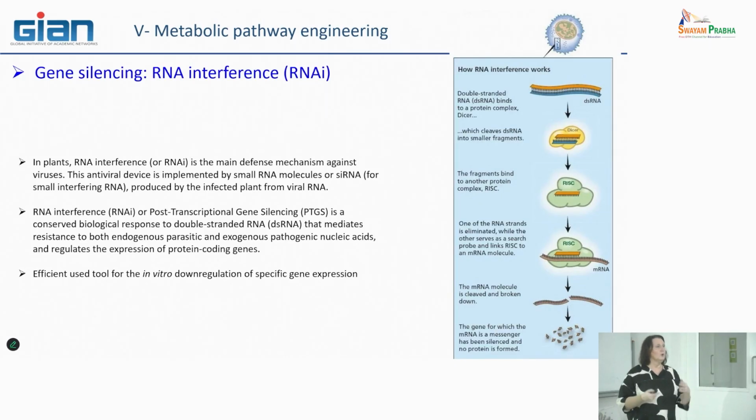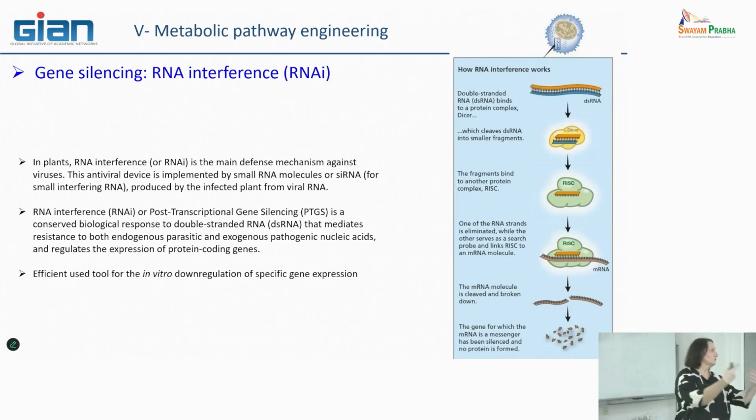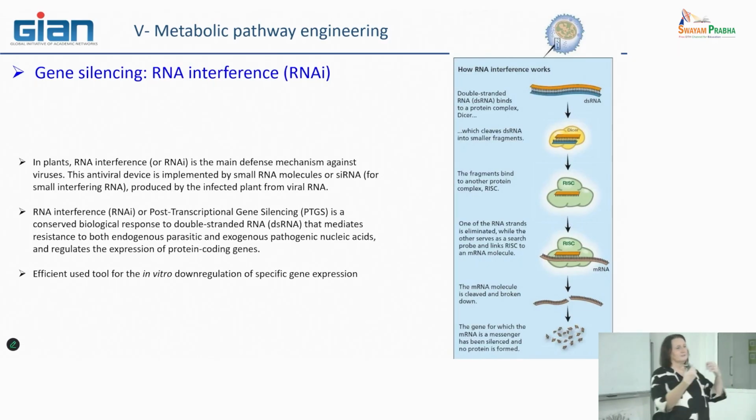So that means we create an artificial sequence, or we clone the gene that we want to silence, and we extract the cDNA sequence, and we artificially transform the plant cell to produce this specific mRNA.